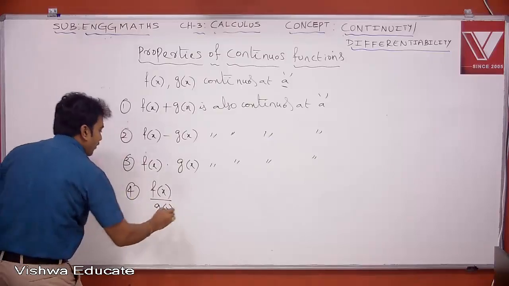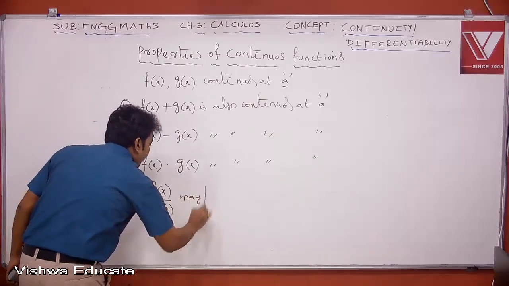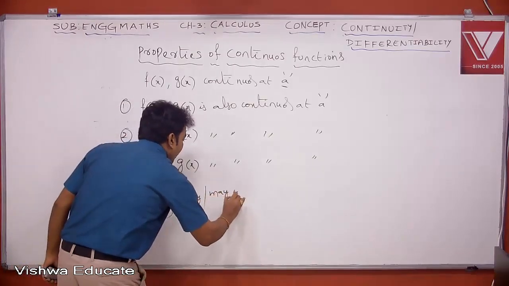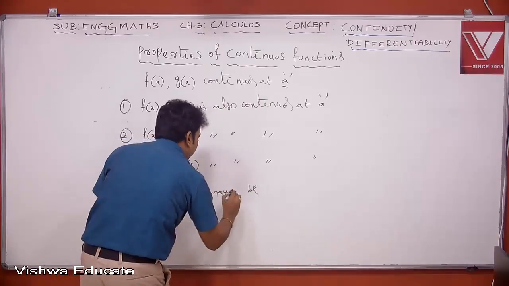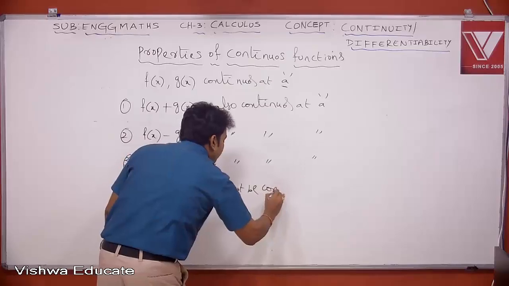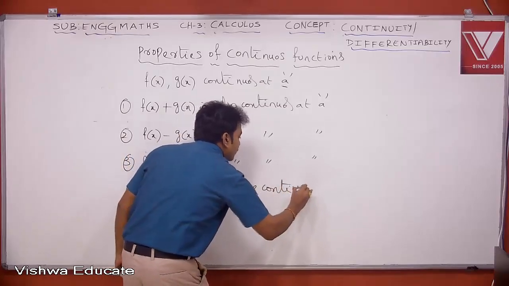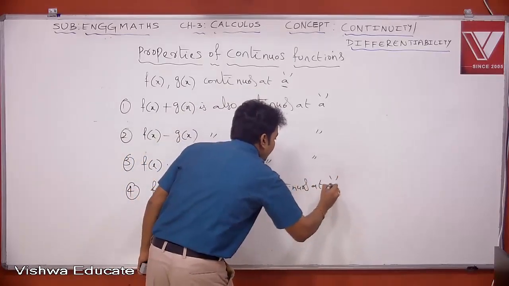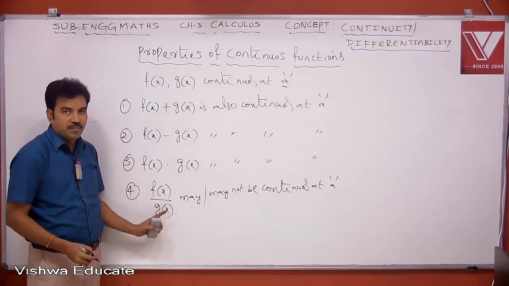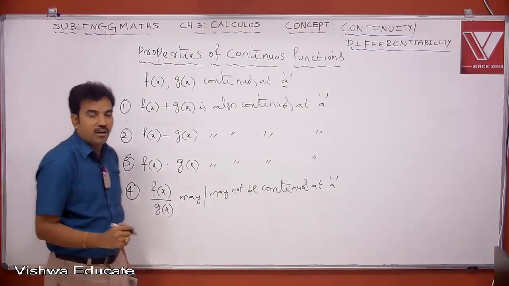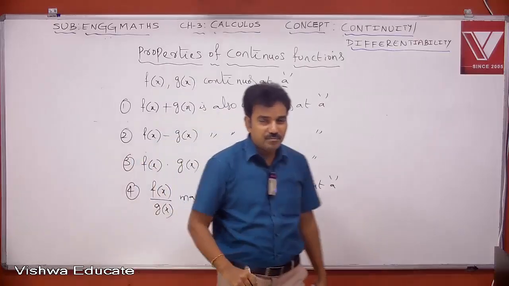F of x by g of x may or may not be continuous at the point A. That means in some cases the ratio is still continuous, in some cases the ratio is not continuous. When it is continuous and when it is not, I will tell you one example.